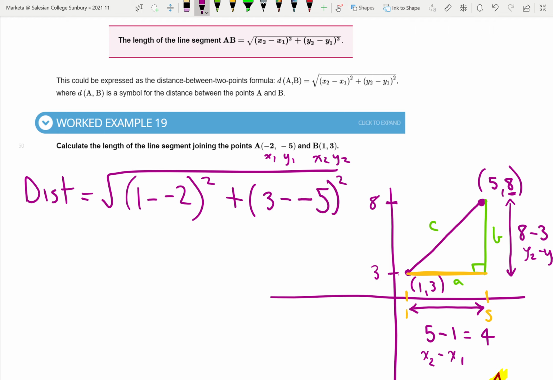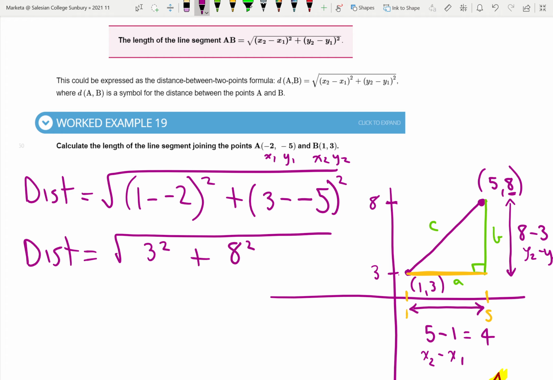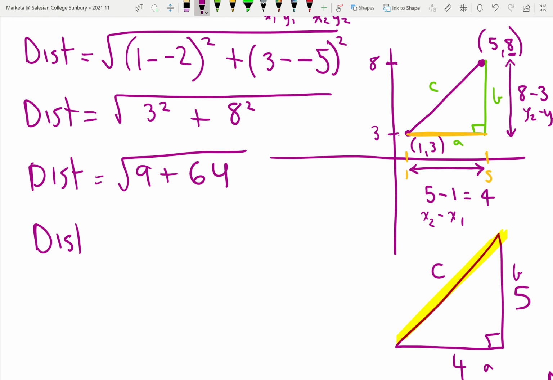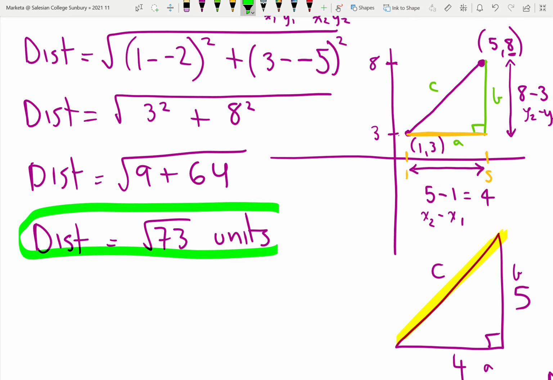And I feel like they've done that on purpose to make sure people see how that works. 1 plus 2 is 3, 3 plus 5 is 8. 9 plus 64, so that's root 73. And again, I don't think we can simplify that, which is a little bit of a shame. I would have liked to have done one where we can simplify.